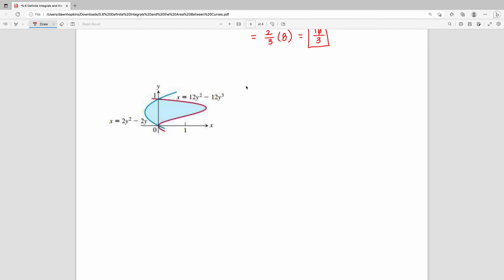Since this is with respect to y, I'm going to look at my y values for the lower and upper bounds. It's going to go from 0 to 1. And again, it's going to be the rightmost curve minus the left curve.